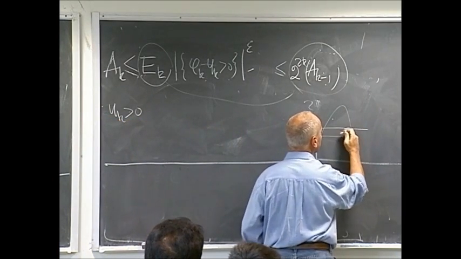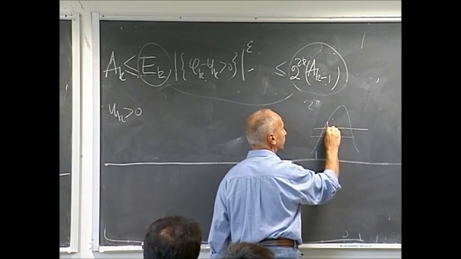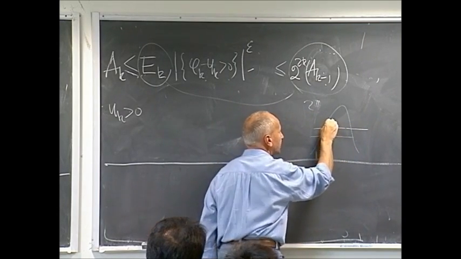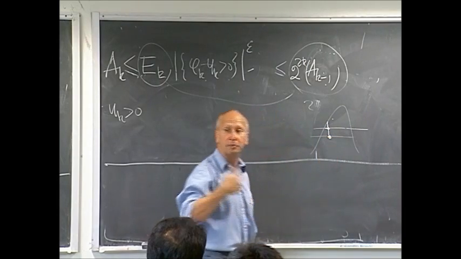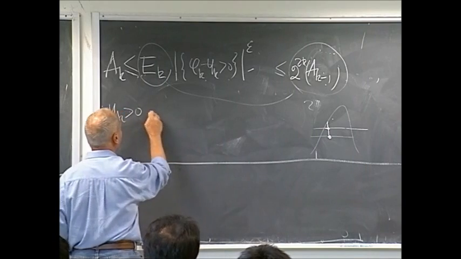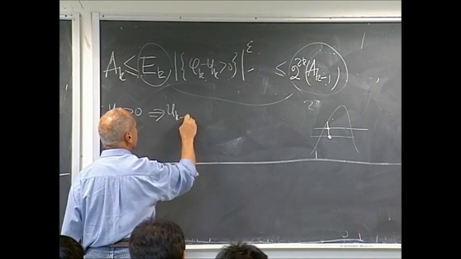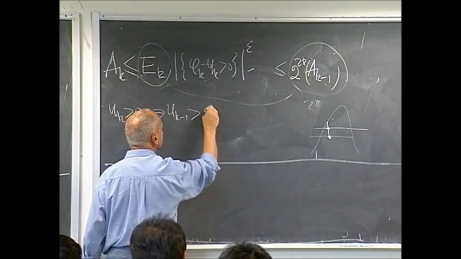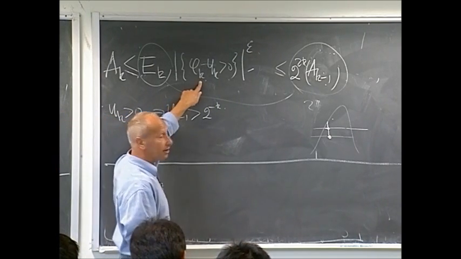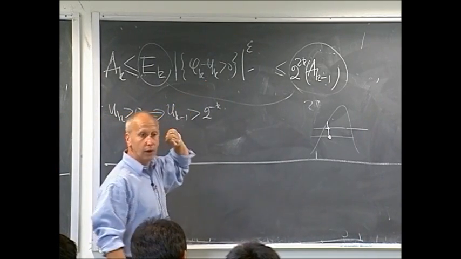These are two consecutive levels. So if the function here is positive, the function minus this constant is bigger than 2 to the minus k. So u_k positive implies u_{k-1} bigger than 2 to the minus k, right? And phi_k positive implies phi_{k-1} identically 1.